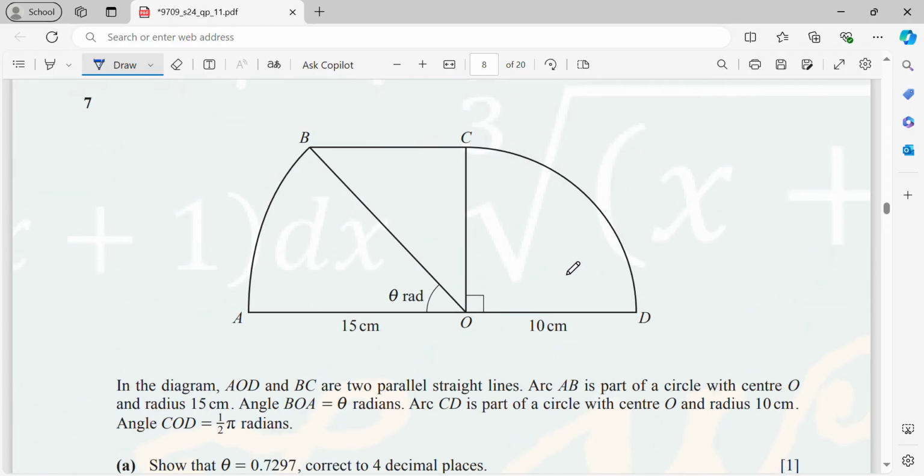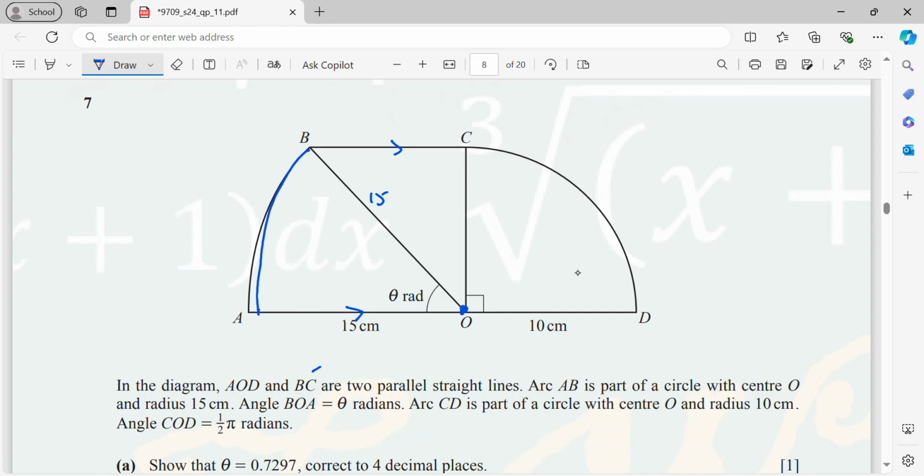Okay, now next question, number 7. In the diagram, AOD and BC are two parallel straight lines. Arc AB is part of a circle with center O and radius 15. That means here is also 15. Angle BOA is theta radians.